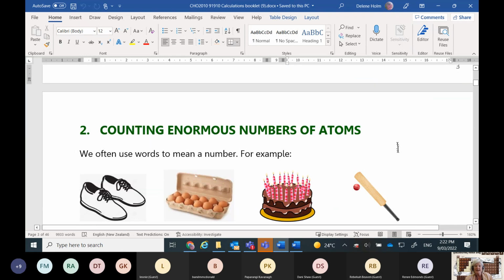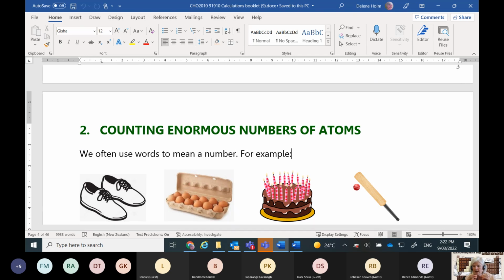Okay, the next thing is, now that we can look at a formula and count how many atoms there are, that formula only represents something. It still doesn't tell me how many atoms are on this pen or how many atoms are in this glass of water. Your atoms are so tiny, they really are incredibly tiny.